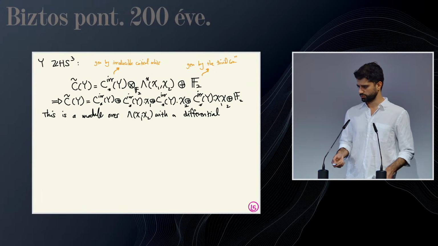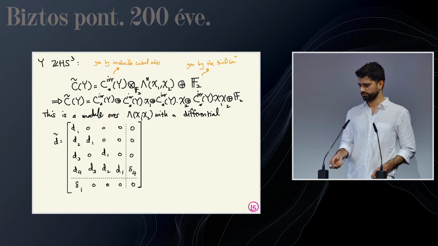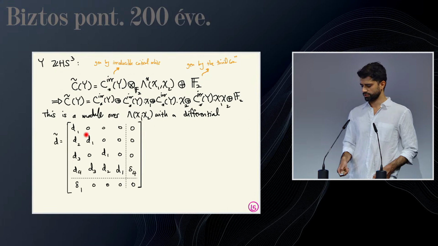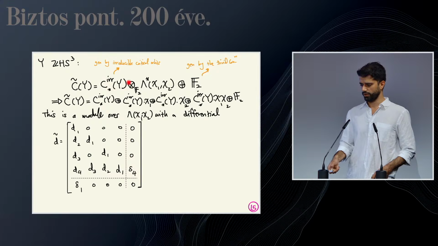And there's a differential. Just because the differential has to be SO3 equivariant, it has to be a DG module homomorphism, so it has to commute with the action of chi1 and chi2. It's an easy exercise to see that it has to have this form.